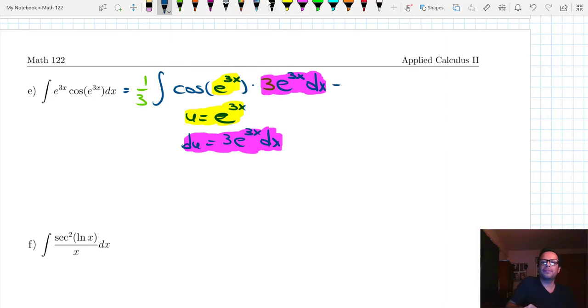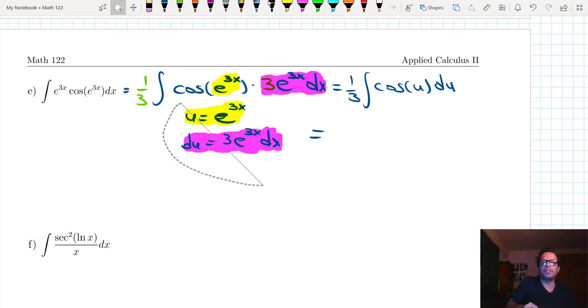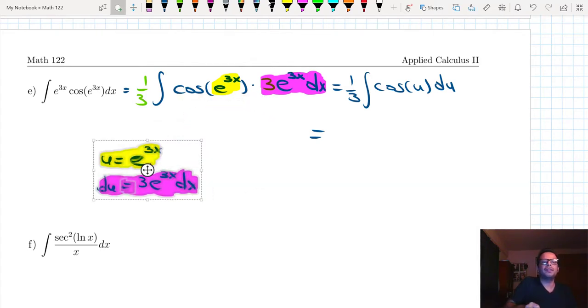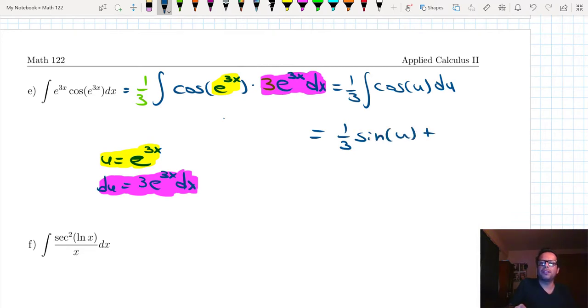So 1/3 times the integral of cosine of u du. And now we have to integrate the function cosine, which, if we use the formula on the first page, we get that the integral of cosine, keeping the 1/3, is positive sine plus c.